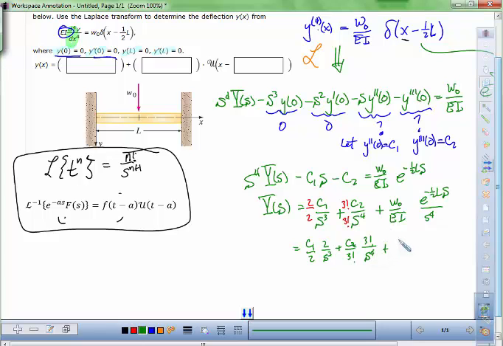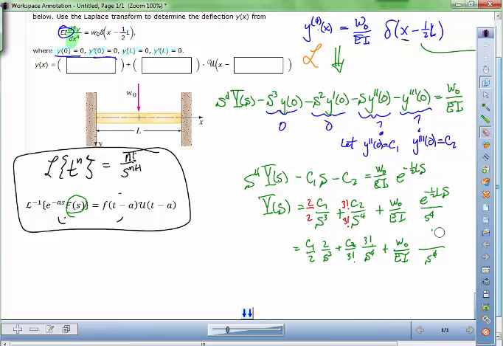And then this w over EI and e to the minus 1/2 L s divided by s to the 4th. Oh, we need to do that too. So this F of s over here needs to be something that we can pull back easily. And so this is to the 4th. So we need a 3 factorial again like we did before. So let me rearrange this. Sorry, I'm going to have to erase.